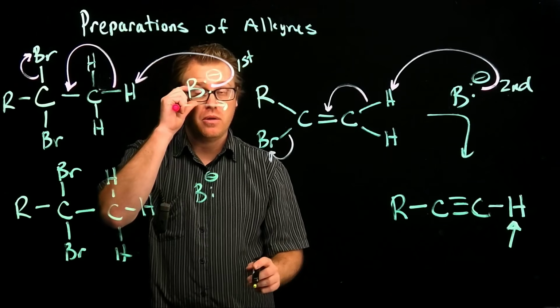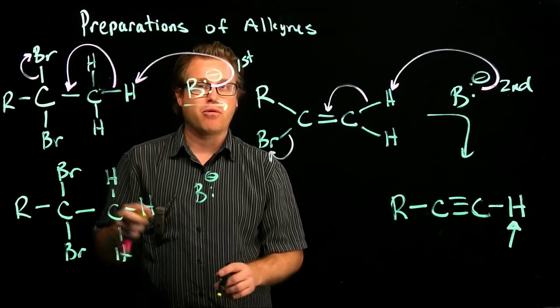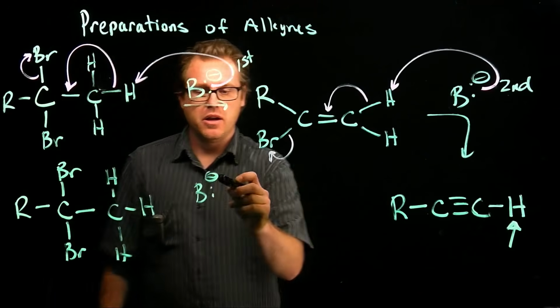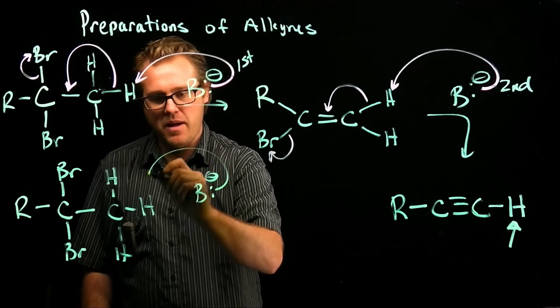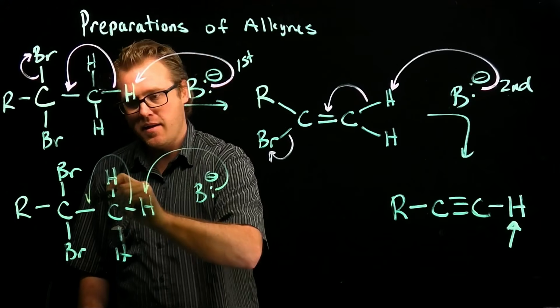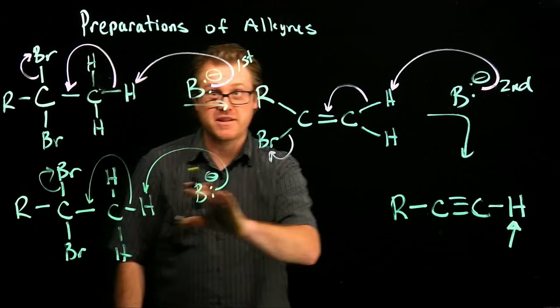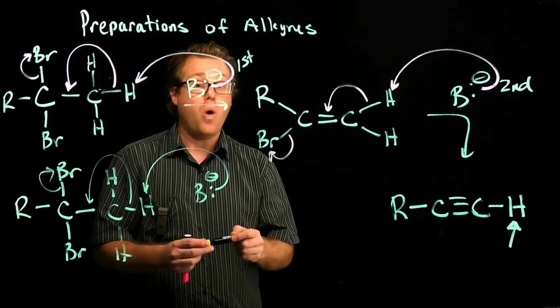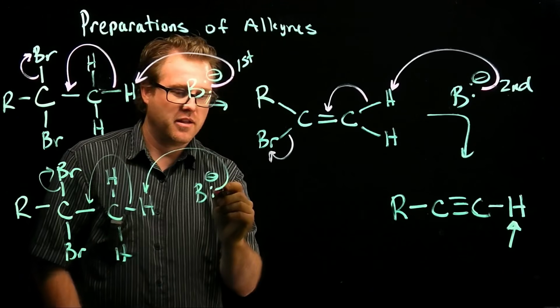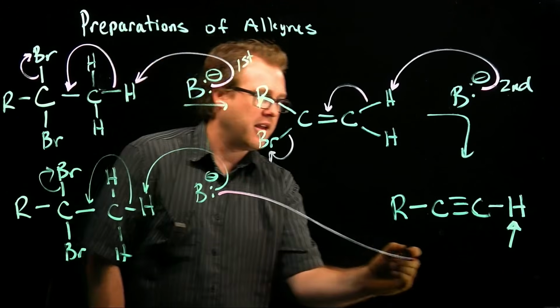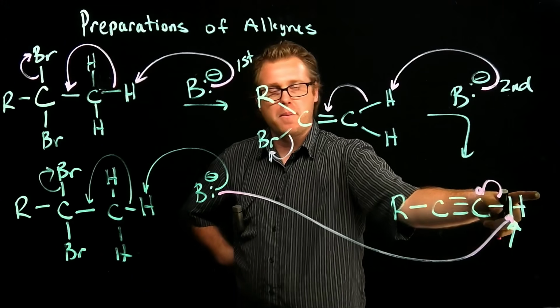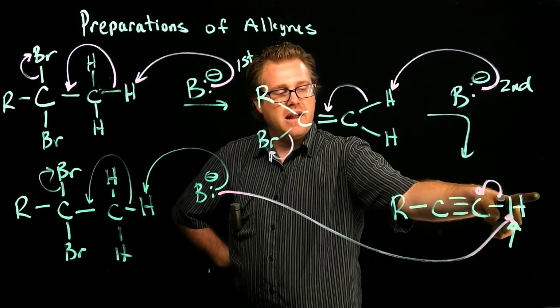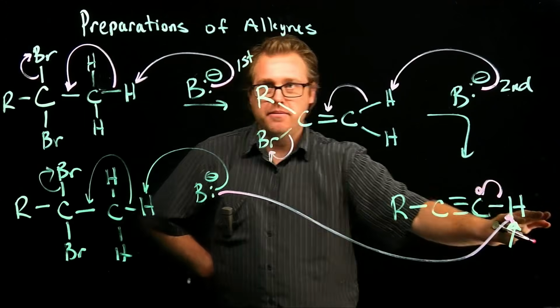But now in round 2, what does round 2 have that round 1 did not? This base is now conflicted. It could come and grab this guy and start the process over again. Or this base is like, hey, I see a very acidic proton over here. And so you can't stop that.